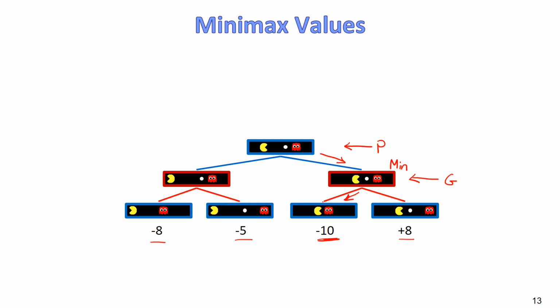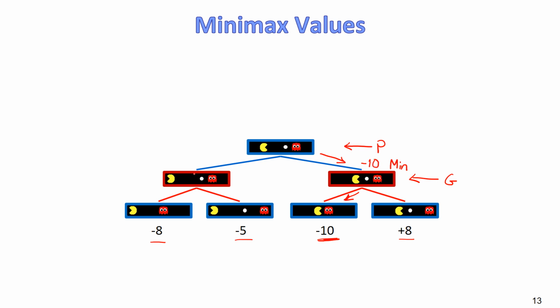So instead of maximizing the value across the children, this state, since it is controlled by the ghost, will minimize the gain. Remember, this value is the gain of Pac-Man. The opposite of it is the gain of the ghost. So we are minimizing this value, which means that the value of that state will not be +8, it will be -10 actually.